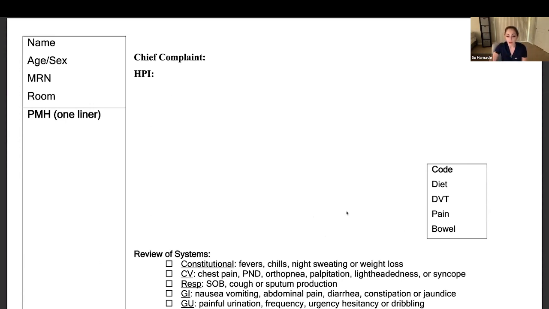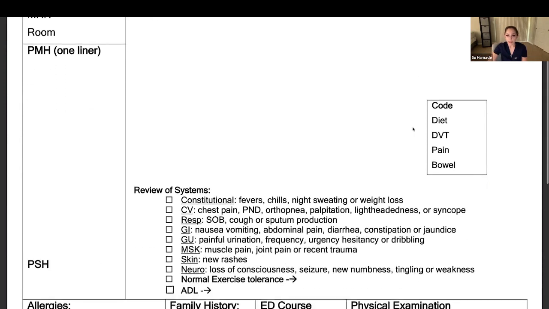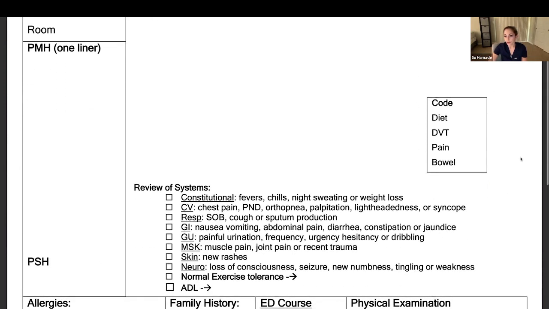And then this little box is very, very nice, because you'll come to see that these are the five very, very important things, especially when someone's being admitted to the hospital. Not only can you not admit a patient without filling these out, maybe not bowel and pain, but definitely diet, code status, but your senior resident is going to want to know this information, and your attending is going to expect you to know this information.